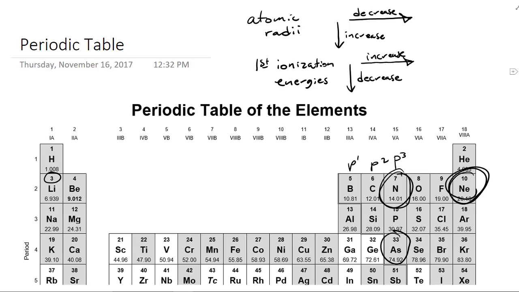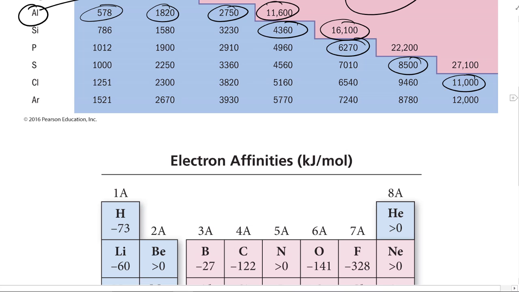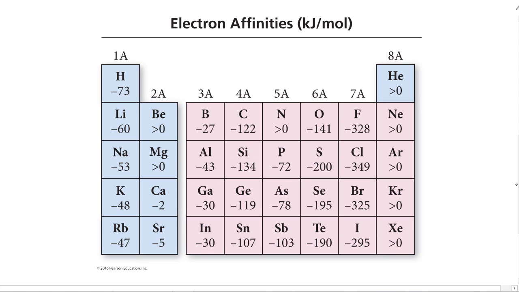The last set of periodic trends we'll look at here are what we call the electron affinities.